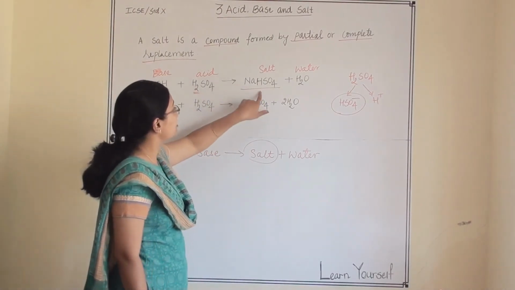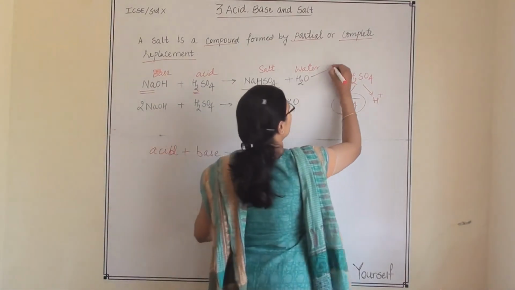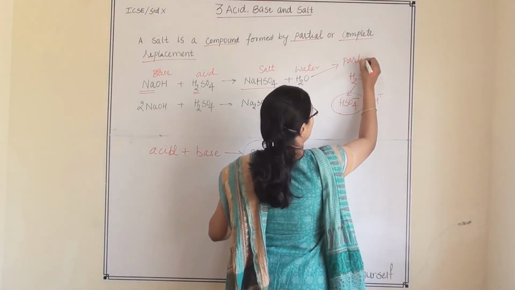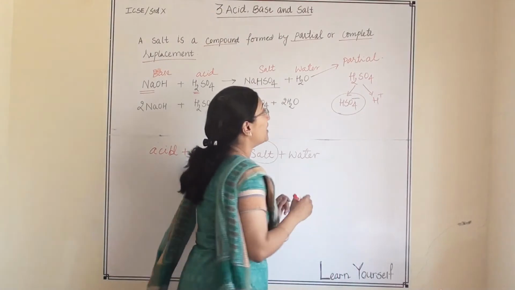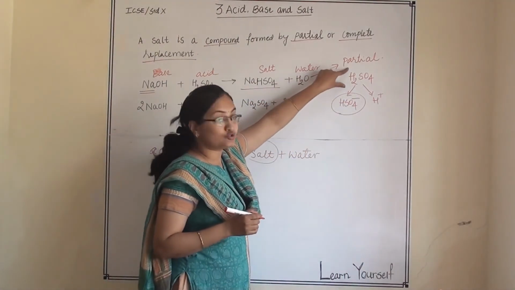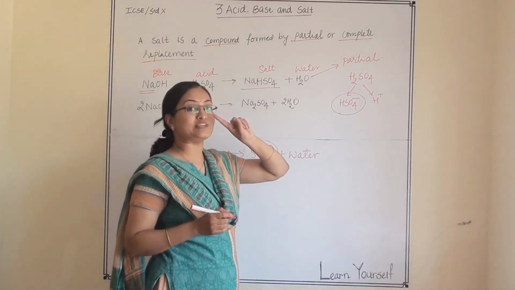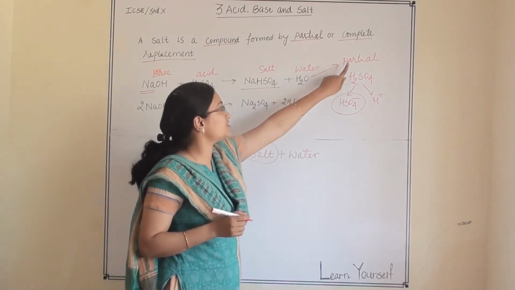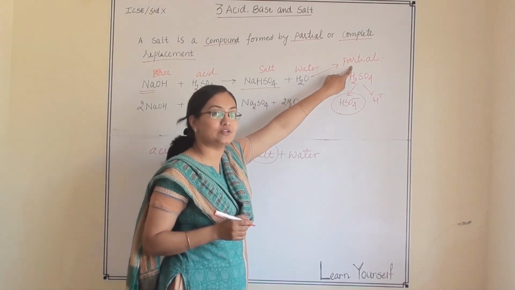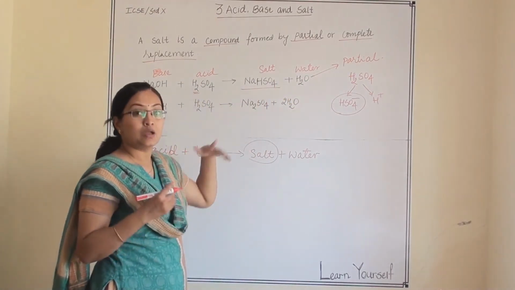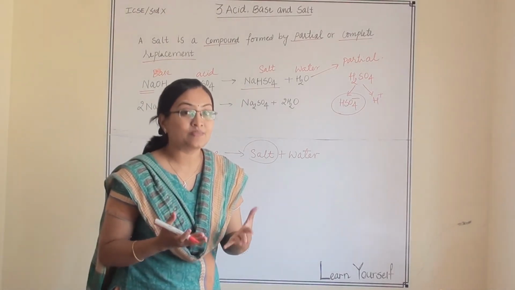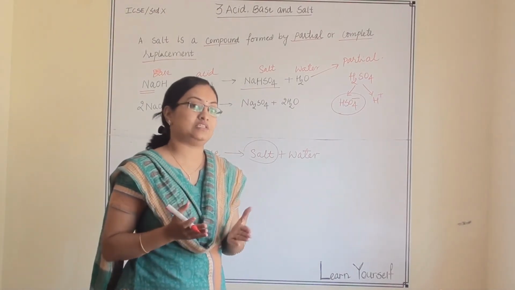So this is the first salt with partial replacement. Why is it partial? There are 2 hydrogen ions, but we have replaced only 1. So that's why it is known as partial. This is also a salt, but a different type of salt by a partial replacement.